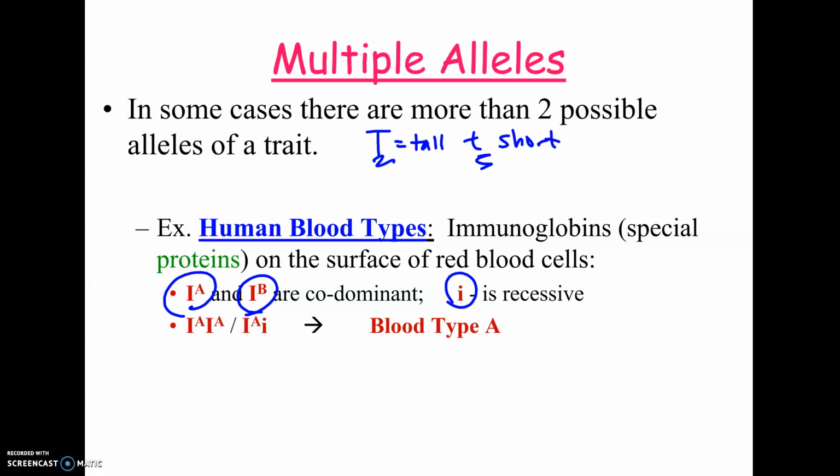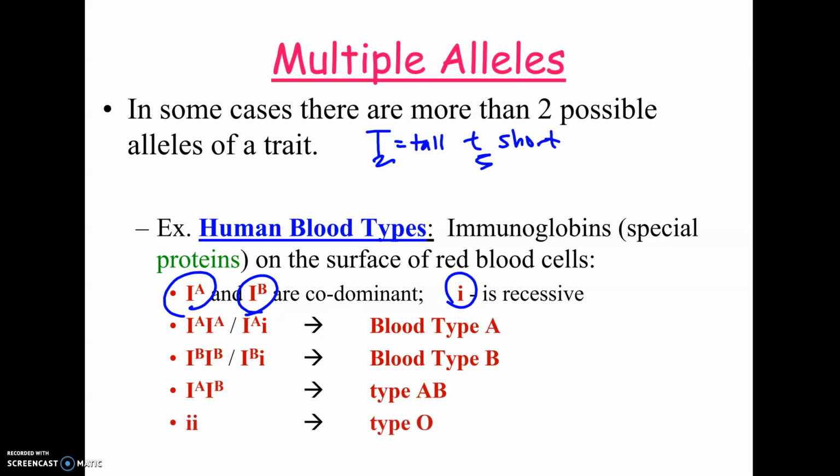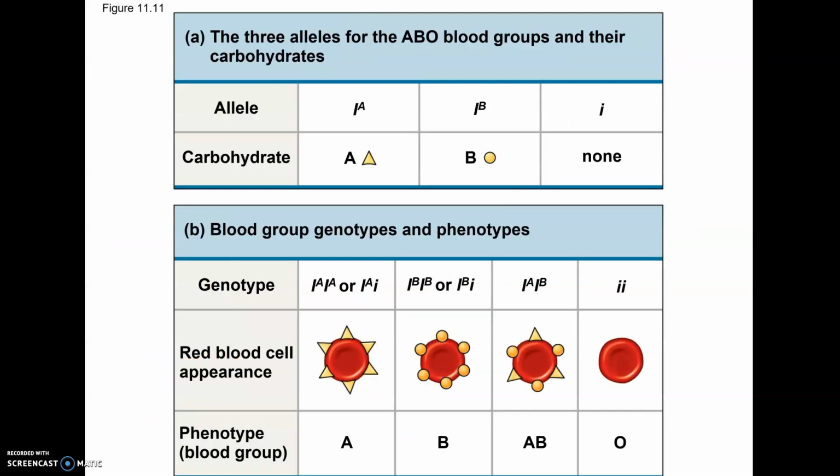So if you're IA IA, or IA little i, your blood type would be A; IB IB, or IB little i, you're B; IA IB, you'd be AB; and little i little i, your blood type would be O. This is called multiple alleles because there's more than 2 options, even though you can only be carrying 2 copies of the gene, there's more than 2 things to choose from.